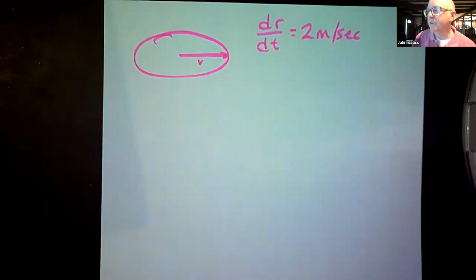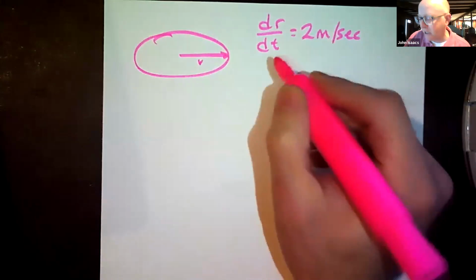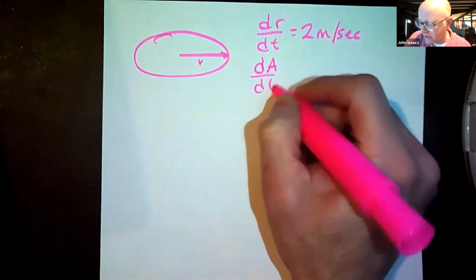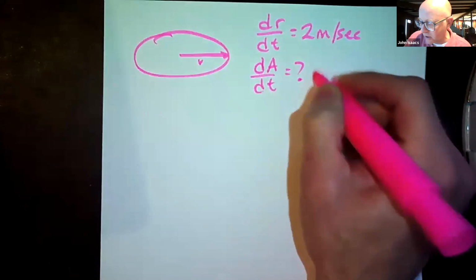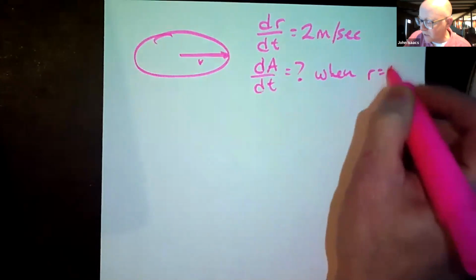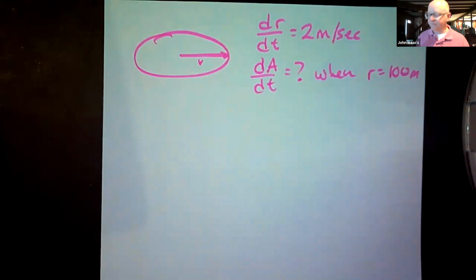How fast is the area of the oil film growing when the radius is 100? So how fast the area is growing is going to be dA/dt, when the radius is equal to 100 meters. All right, so that's the problem we have.